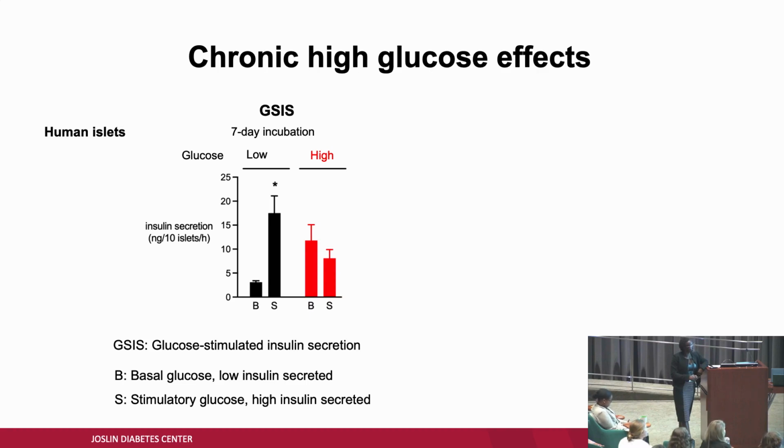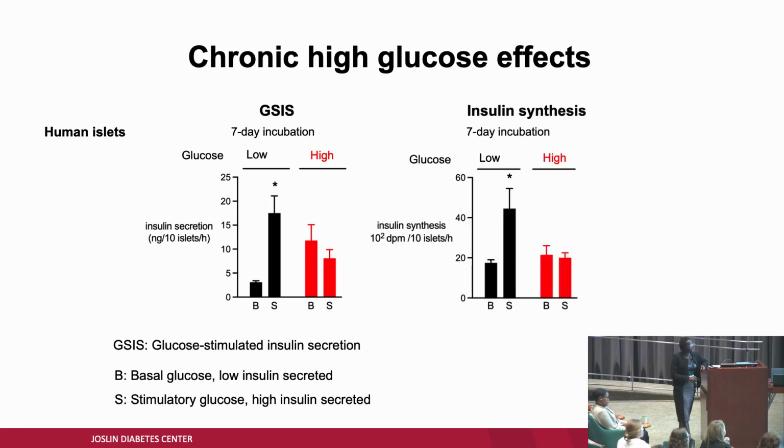But if islets are cultured in high glucose, they already secrete more insulin even when put in a basal glucose condition. And then when you further stimulate with glucose, they no longer release more insulin. So there's a defective mechanism of glucose-stimulated insulin secretion.